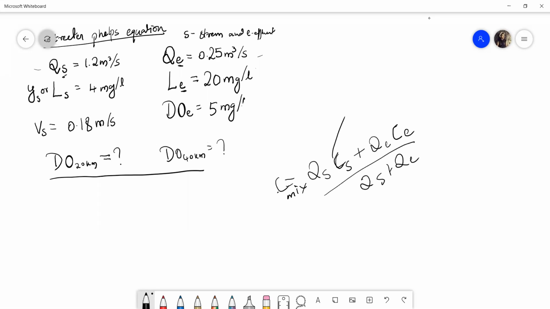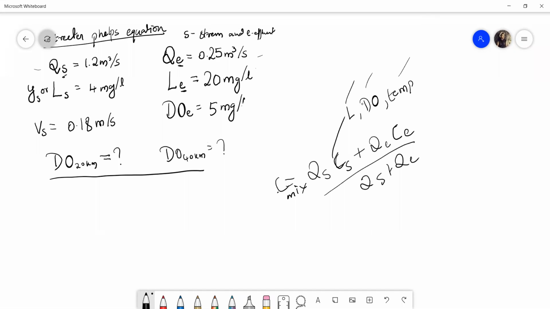And this formula can be used to find out the BOD, that is the L, or DO, or temperature. So this we used in the previous problem to find out the BOD, DO, and the temperature, right? Do you all remember this?